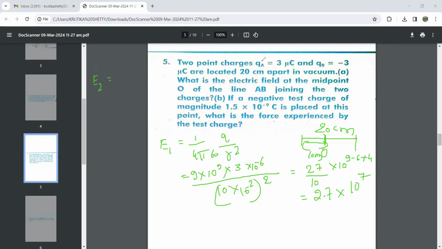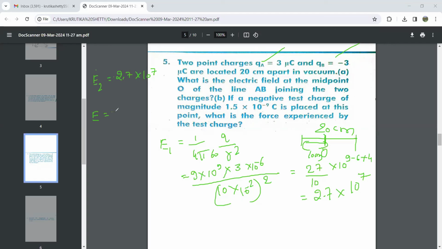Here QA is 3 microcoulomb and QB is minus 3 microcoulomb, so your E2 value is also the same, 2.7 into 10 raised to 7. Therefore, first anybody give me confirmation that the answer is right, E1, E2. Then I'll tell you what is the net value. Yes, correct? Okay.